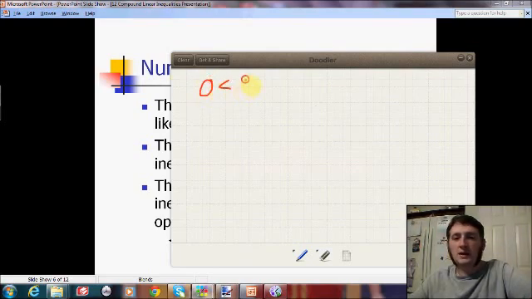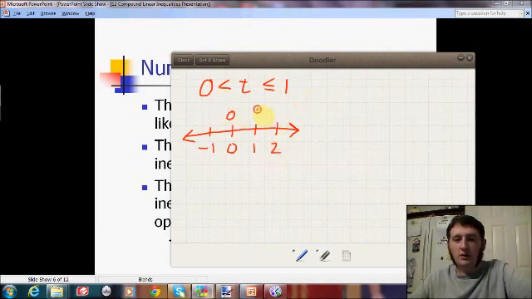0 is less than t, and t is less than or equal to 1. So our number line graph, let's see, negative 1, 0, 1, 2. We have an open endpoint at 0. We have a closed endpoint at 1.